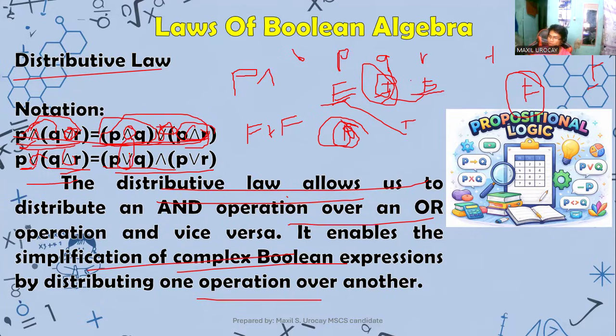P or Q, false plus true, that is true. Then P or R, false plus false is false. So we have AND, true times false, it will become false. So therefore, they are equivalent. So that's how it works.